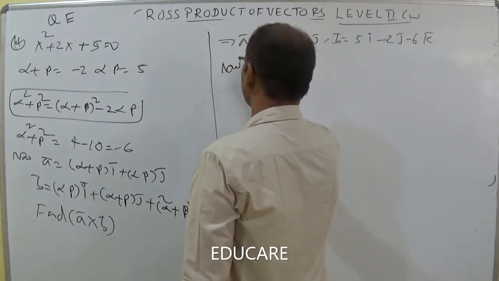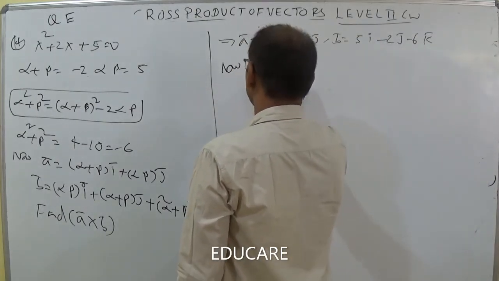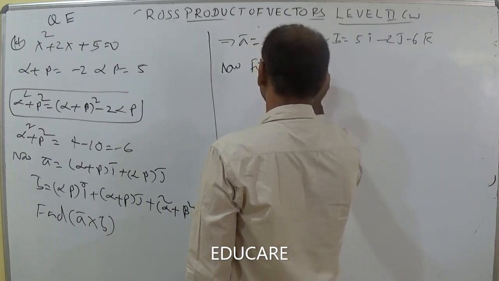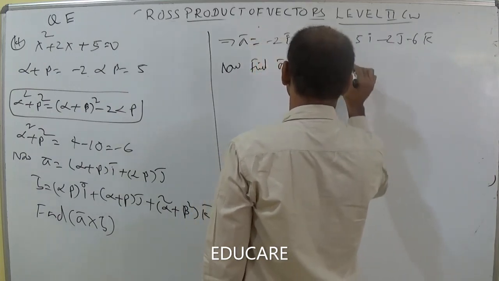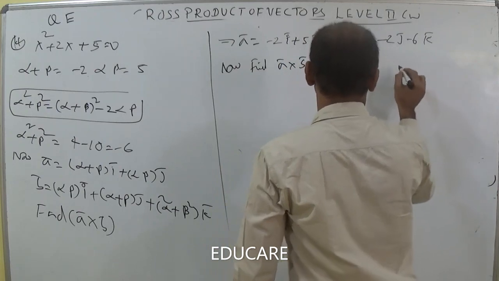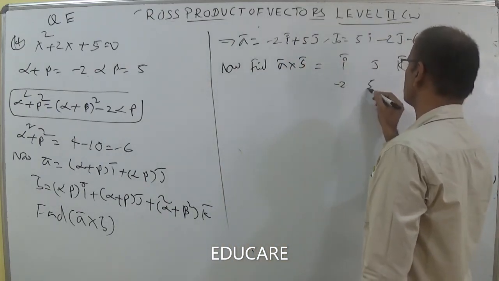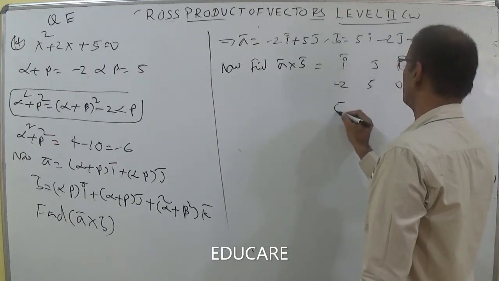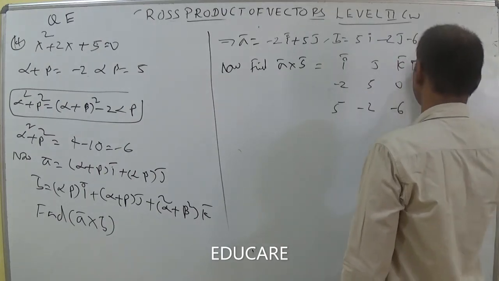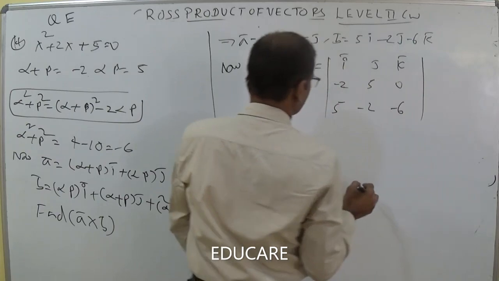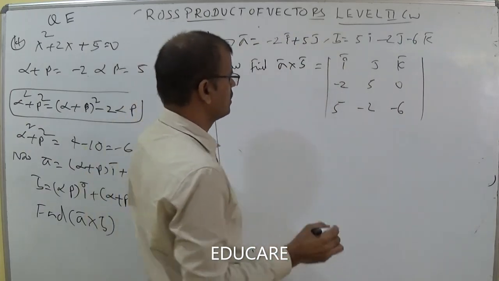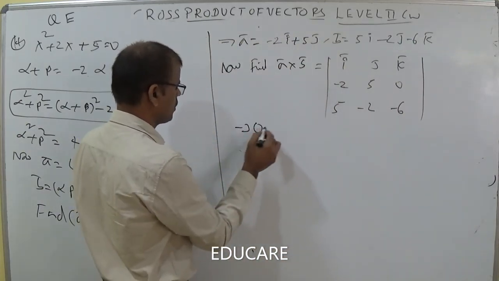Now we should find the value of a bar cross b bar using the determinant property. I am writing here minus 2, this is 5, this is 0, and this is 5, this is minus 2, this is minus 6. Using the data you can write minus 30 i bar.